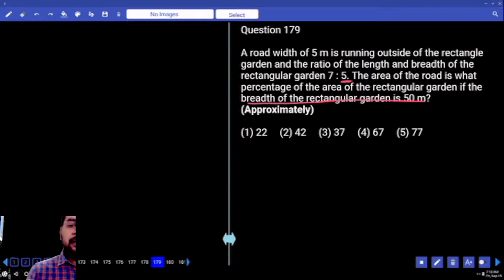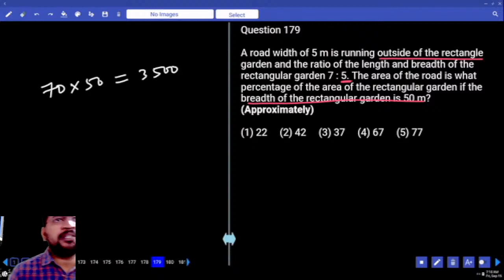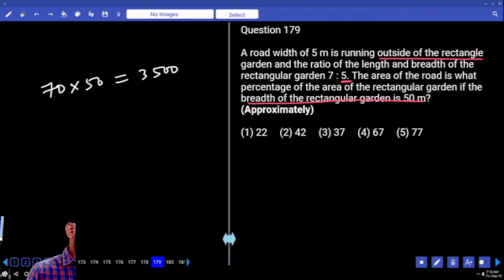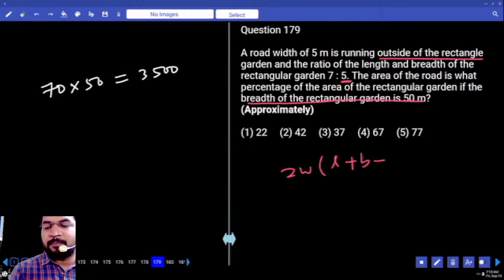Are you clear? This is the outside path, outside of the rectangular garden. So length is 70, breadth is 50, area is 3500. This is the area of the garden, not the area of the path. The path is outside, and whenever the path is outside, we use 2W into L plus B plus 2W.